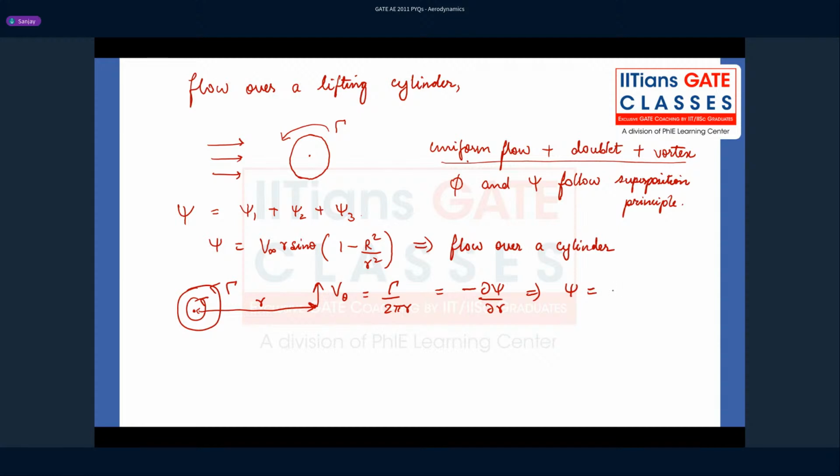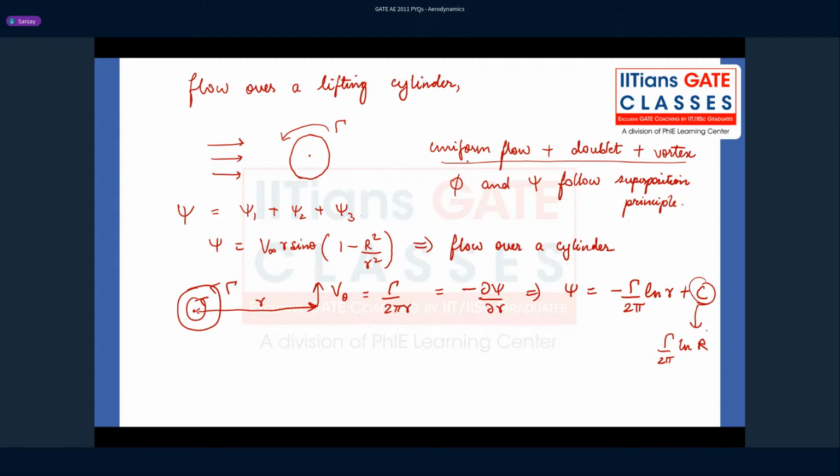which is nothing but minus gamma by 2 pi ln r plus some constant, because you are essentially integrating, so you will obviously get a constant. Now, this constant is purposely chosen to be gamma by 2 pi ln capital R, where capital R is the radius of the cylinder.